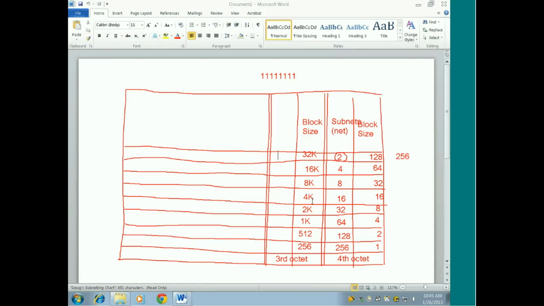In the third octet, what is this column? Subnets, otherwise known as the number of networks. Guess what?